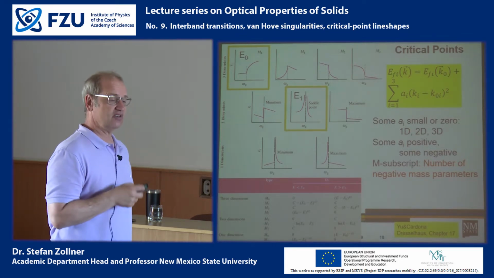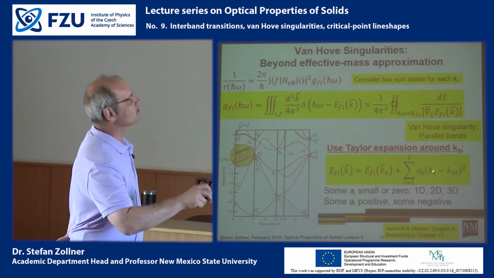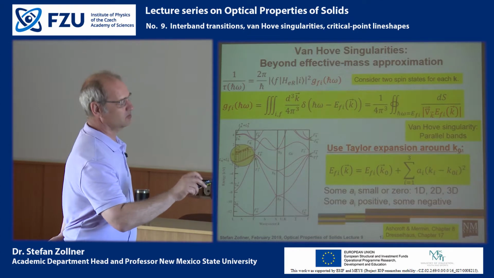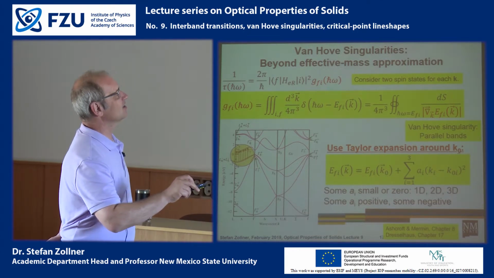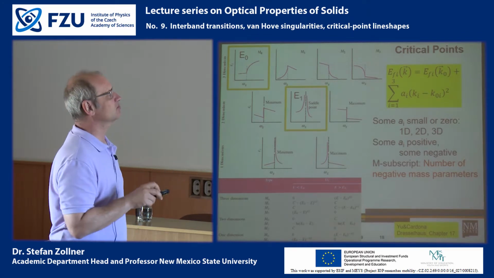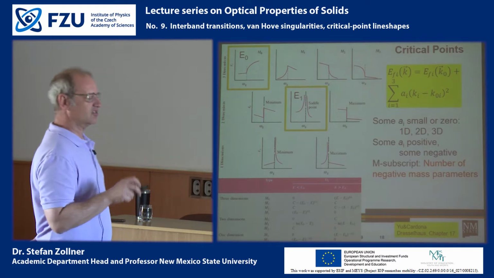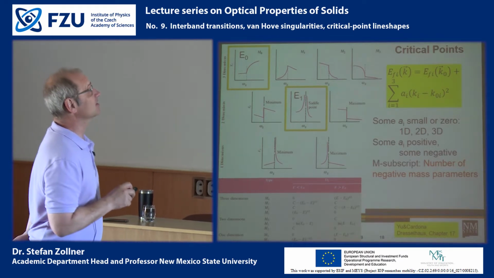And all three of these inverse effective mass parameters are positive, and therefore we call that an M0 critical point, because that subscript 0 tells us that 0 masses are negative.